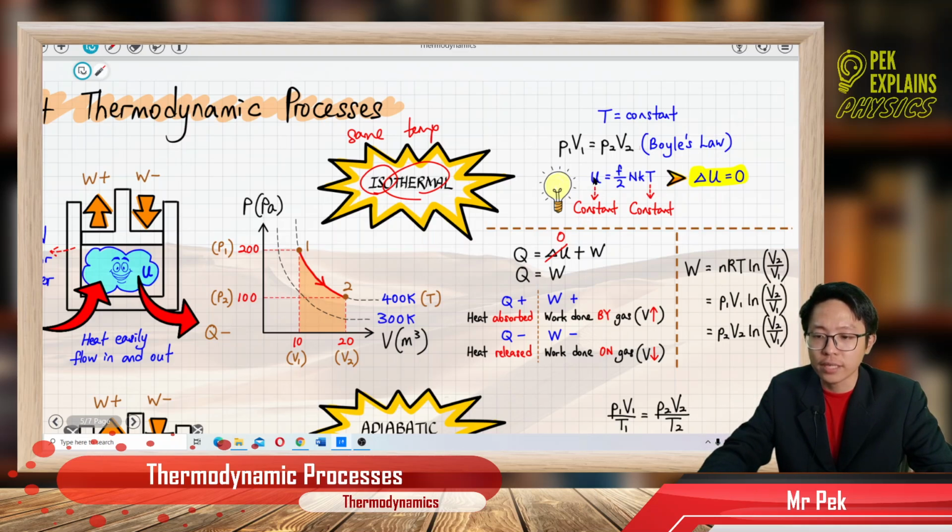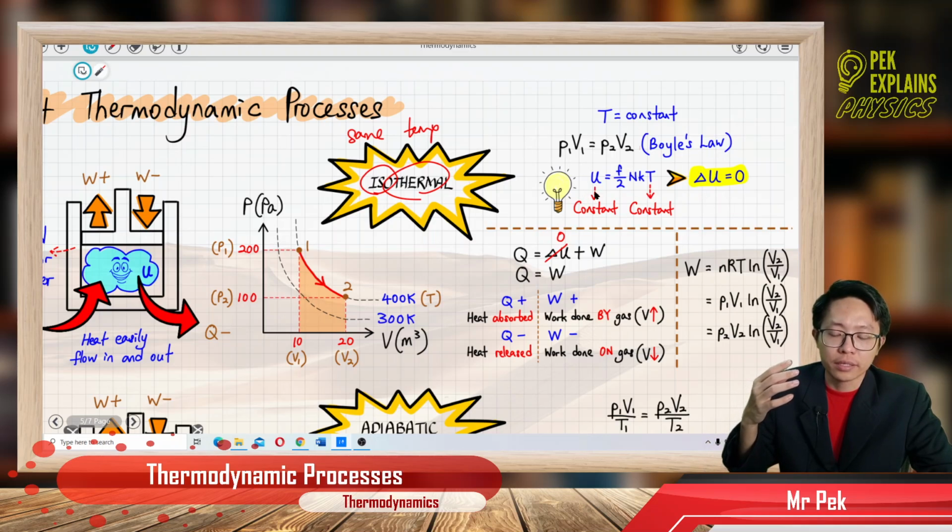When internal energy is constant, that means no change in internal energy. So delta U is 0.